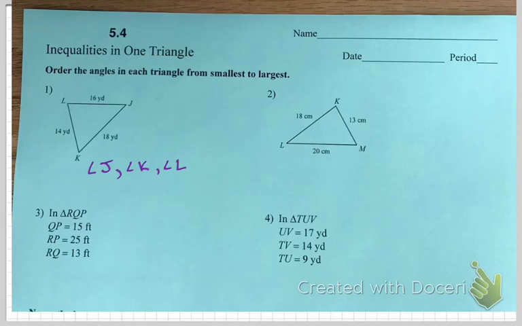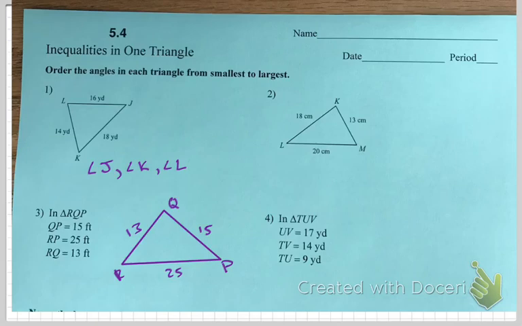Now for number 3, my advice is just draw the triangle. Don't worry about drawing it to scale whatsoever. Then just throw in RQP, and label it. So QP is 15, RP is 25, and RQ is 13. It just so happened, it worked out pretty well, right? Now, once I have my triangle drawn out, it's very easy to see what's the largest side and which angle is opposite it.